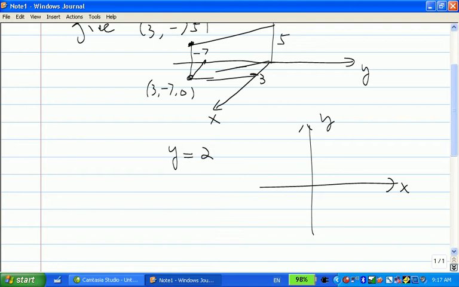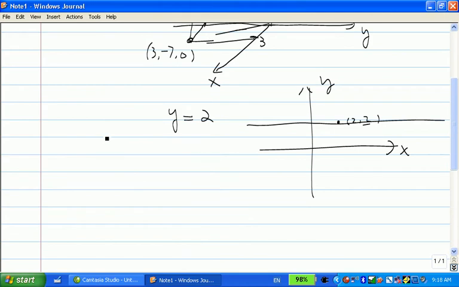What kind of point satisfies this equation? For example, the point 2, 2. As long as the y coordinate is 2, the point satisfies this equation. So all the points on this horizontal line have their y coordinate equal to 2. So the graph of y equals 2 is this horizontal line.